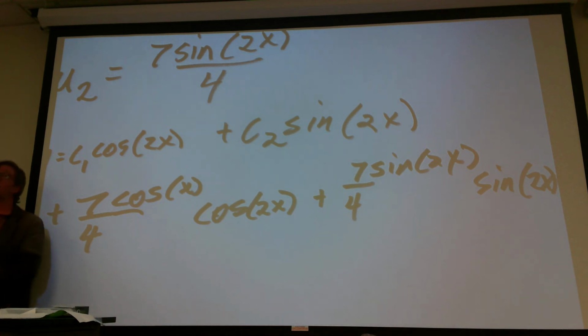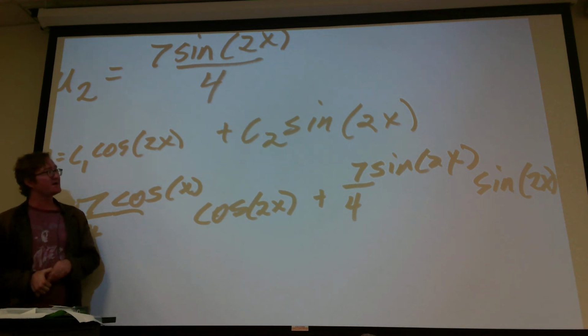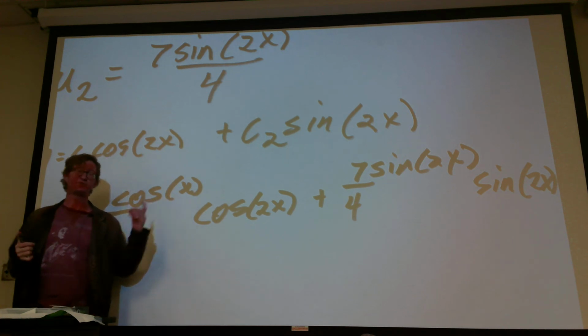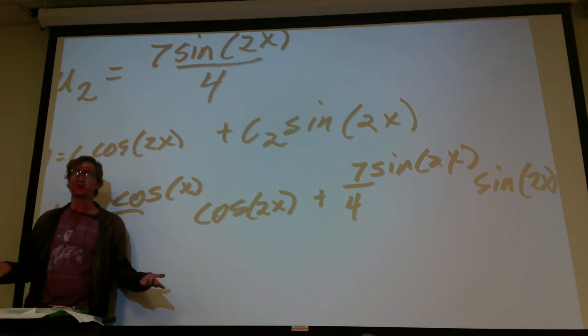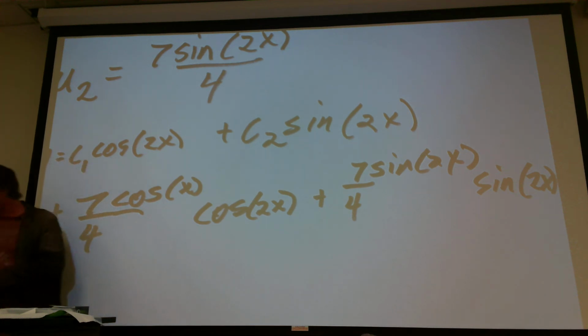Okay. But notice what happens inside of this problem. Cosine of 2x and cosine of 2x is really cosine squared, and sine of 2x and sine of 2x is really sine squared. We can pull 7 over 4 out of both of these, and what we get is cosine squared of 2x plus sine squared of 2x, and that just becomes 1.